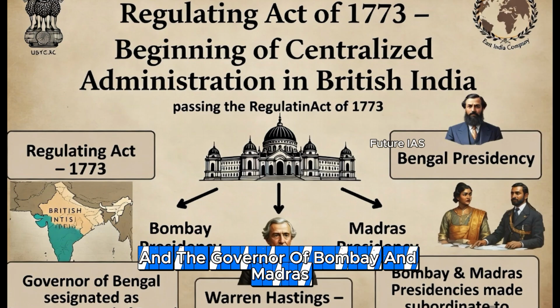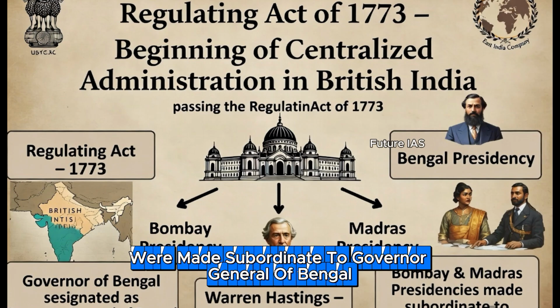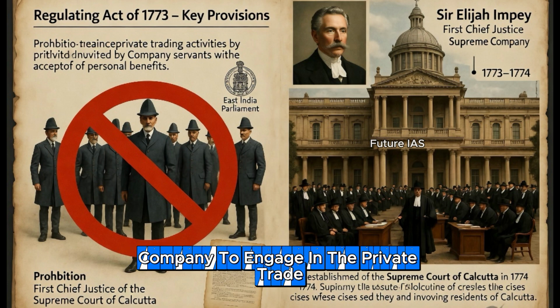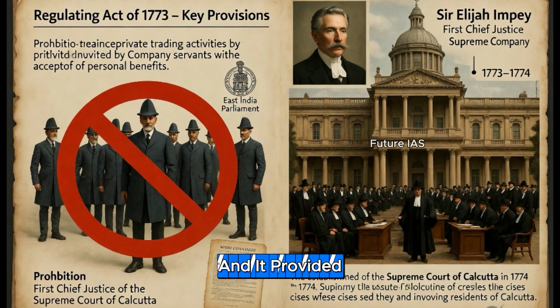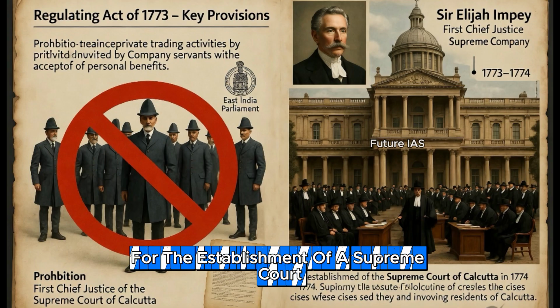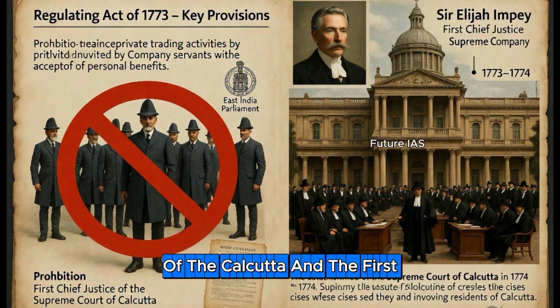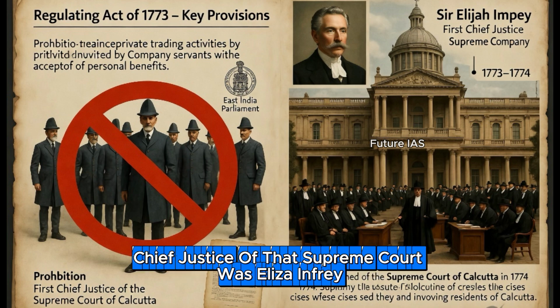The Governors of Bombay and Madras presidencies were made subordinate to the Governor General of Bengal, and it prohibited the servants of the East India Company from engaging in private trade. It provided for the establishment of a Supreme Court, which had jurisdiction over all inhabitants of Calcutta, and the first Chief Justice of that Supreme Court was Elijah Impey.